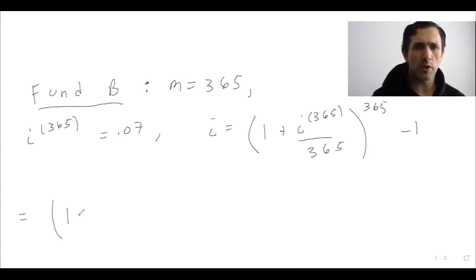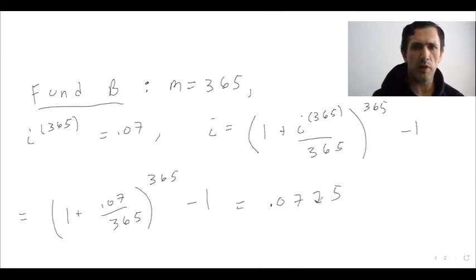So it's 1 plus 0.07 over 365, to the 365, minus 1, and that gives you 0.0725, which is larger than what we had previously.